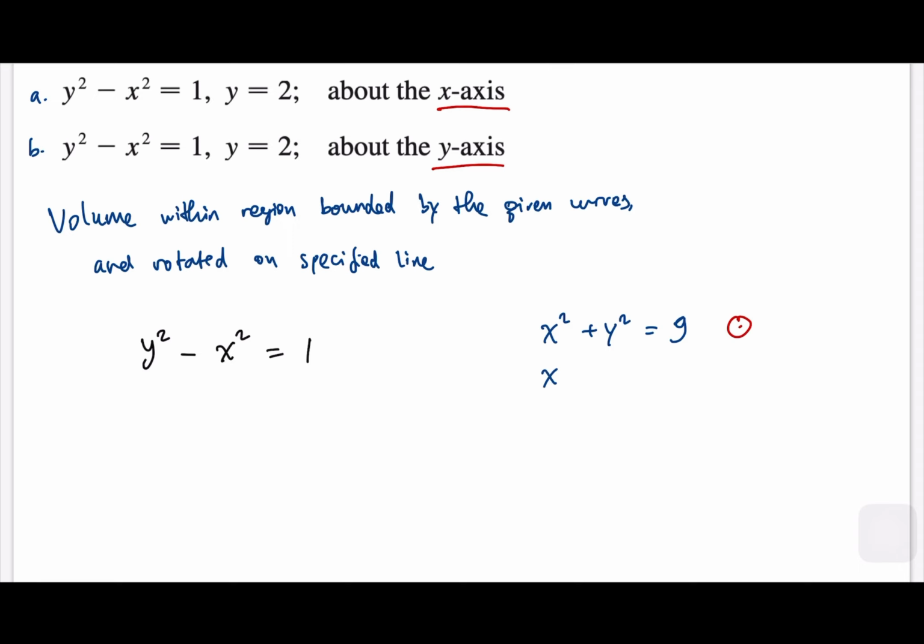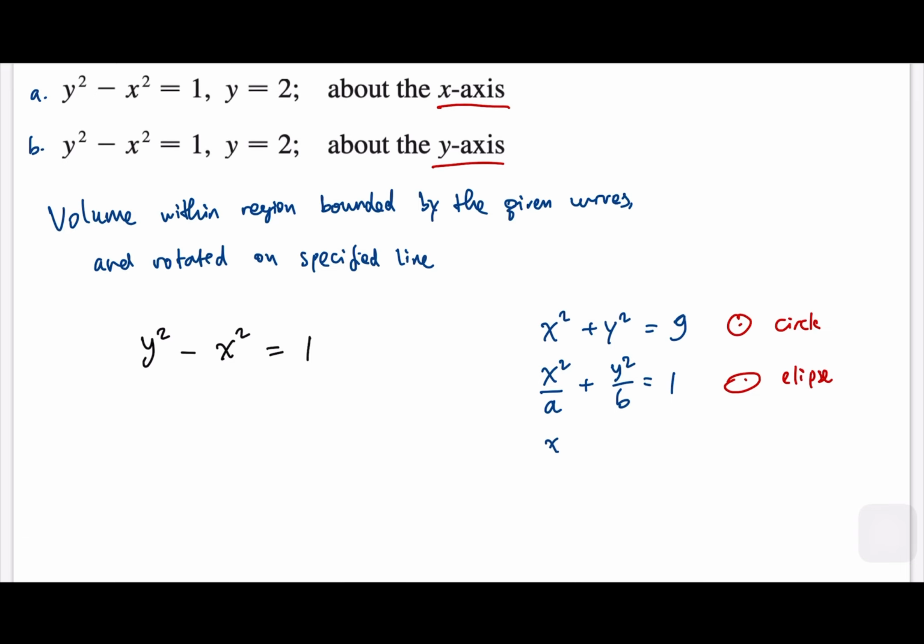And if we have x squared over a plus y squared over b equals 1, this is the ellipse equation, right? So this is circle, ellipse, and the other one, if you have x squared minus y squared, this will be a hyperbola.